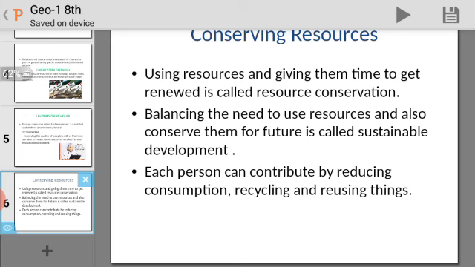If we start using less, automatically the need will decrease. As the need decreases, we will start to buy less quantity. As we buy less quantity, factories will produce less, and as they produce less, they will even start extracting fewer minerals. So it is better to reduce our consumption.